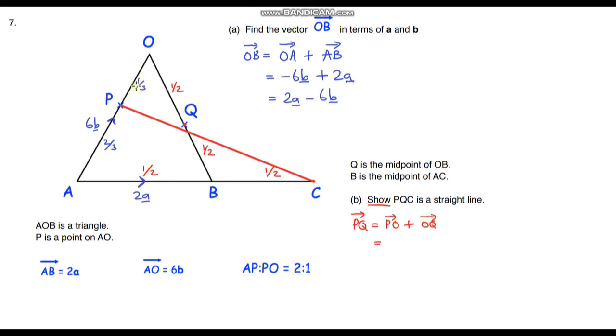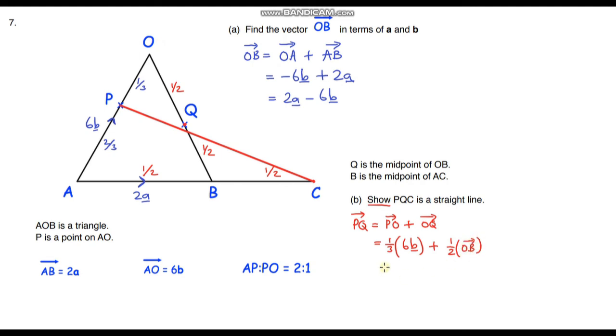Well, we can see that that's 1/3 of vector AO, and we already know what AO is, so I can just write that in. So 1/3 of 6b. And then we're going to add on vector OQ. Well, OQ is a half of the vector OB, which we don't know yet, but we can work it out.